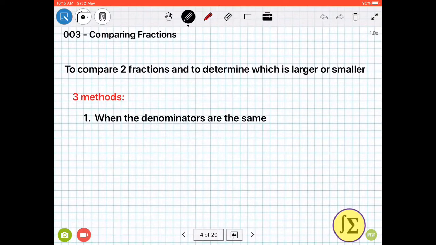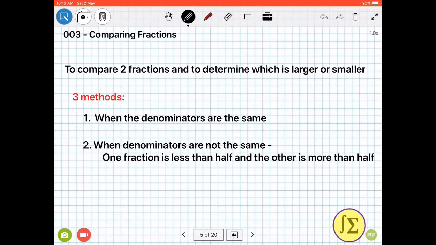The second method is when both fractions have different denominators, but one fraction has a value less than half and the other fraction has a value more than half.